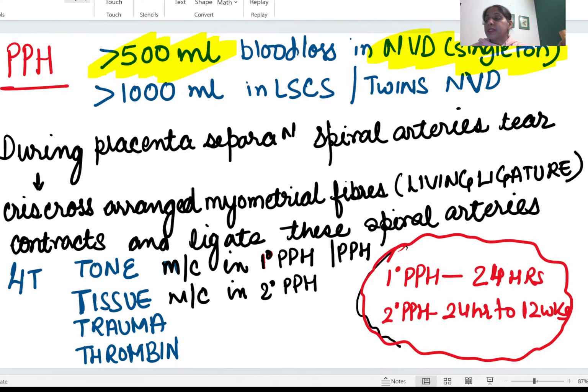If the blood loss is more than 1 liter in a cesarean or a twin vaginal delivery, then it is PPH. The criterion for PPH in a normal delivery is more than 500 ml, and in a cesarean it is more than 1 liter, as some blood loss is normal during placenta separation, the spike that we have discussed.